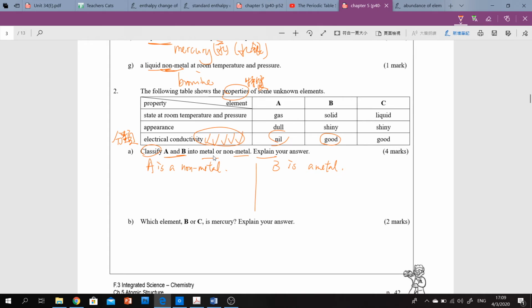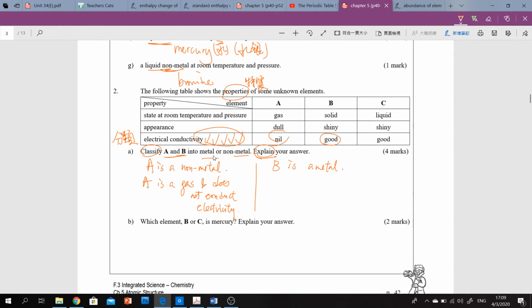So you are going to give me the reason why. A is a gas. Metal cannot be a gas at room temperature and pressure. And what's more, it does not conduct electricity.